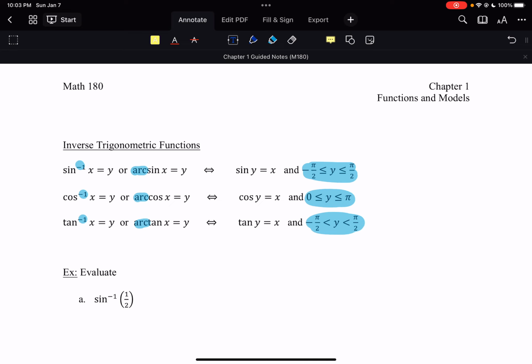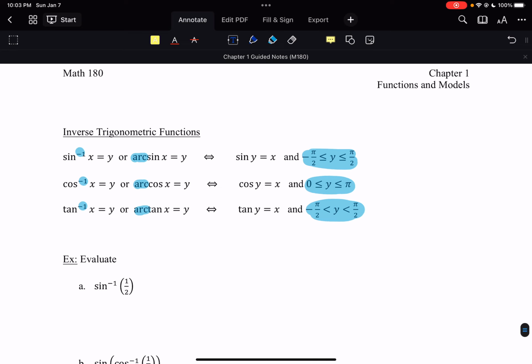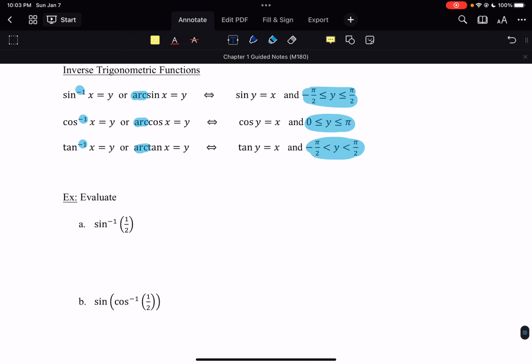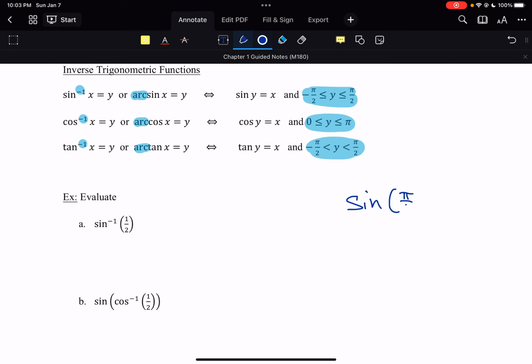But when we're talking about inverse trig functions, we're going backwards, going the opposite direction. Before we would say, what is sine of pi over 2 or something like that, and we would get out a number. In this case, that'd be 1. But now we're saying what is sine inverse of this coordinate number, and we're trying to get out the angle that corresponds to that.